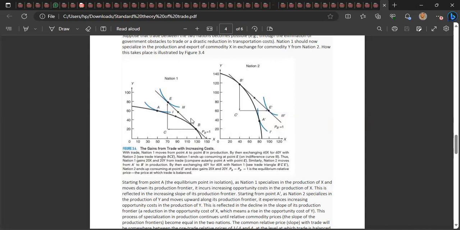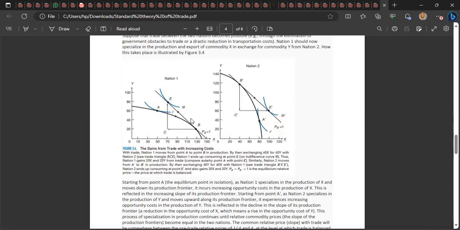So which is why you're seeing the price here given as 1, right? That would basically represent the international price, or the price with trade. It's 1. So in nation 1, think about this now. We were on A.